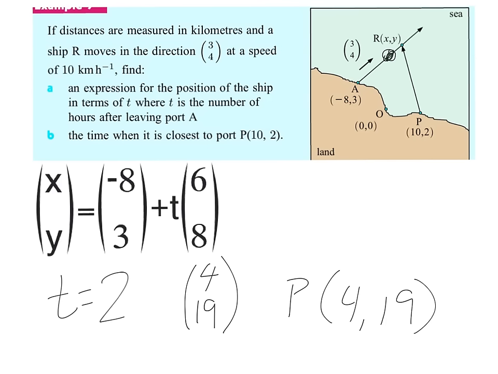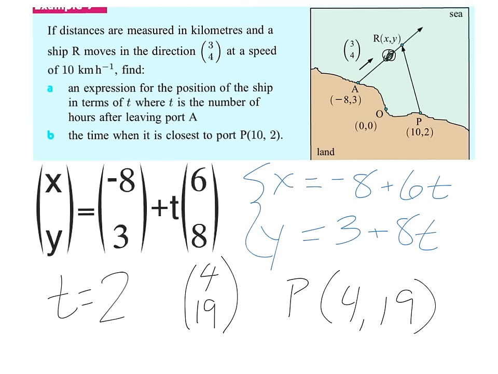So for any random point on the line, if we use a parametric equation, x is equal to negative 8 plus 6t, and y is equal to 3 plus 8t. So any coordinate on this line would have an x-coordinate of negative 8 plus 6t, and it would have a y-coordinate of 3 plus 8t.